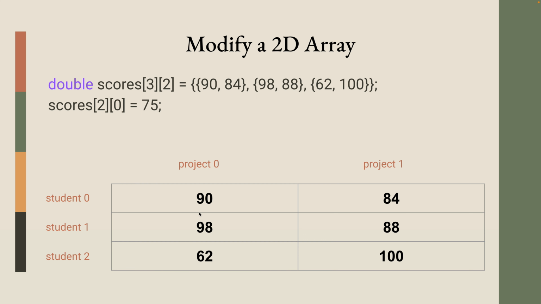Yeah, 62. So again, 2, 0 is row 2, column 0. Rows are the horizontal, so we go down to the second horizontal row, the 0th vertical column. Okay? Cool. Questions here? So the 62 will change to a 75.